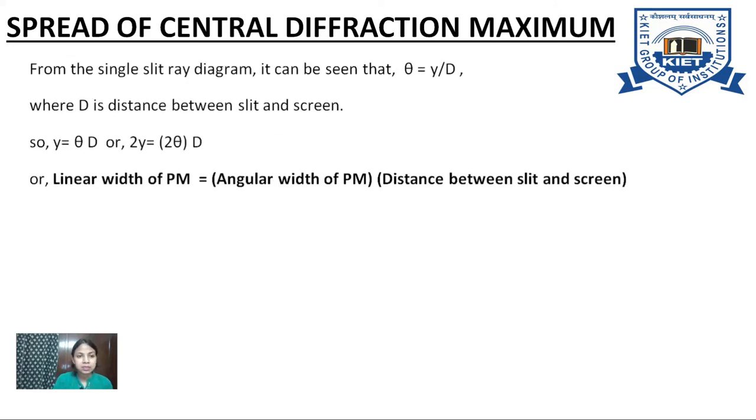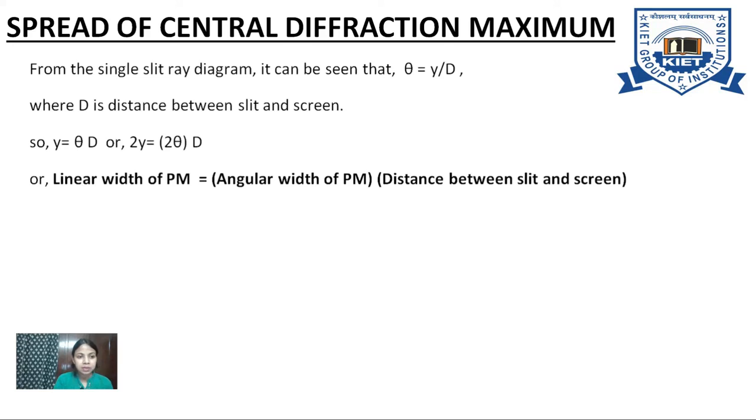Now from the single slit ray diagram that you saw right at the beginning of this discussion, it can be easily seen that theta is equal to y upon D. Here capital D is the distance between the slit and the screen.